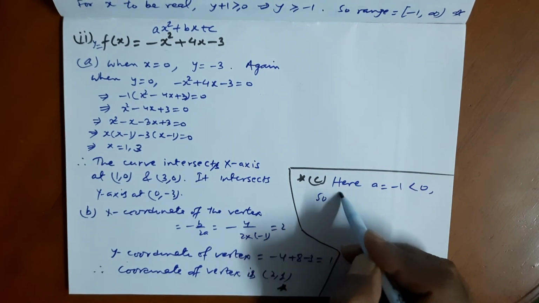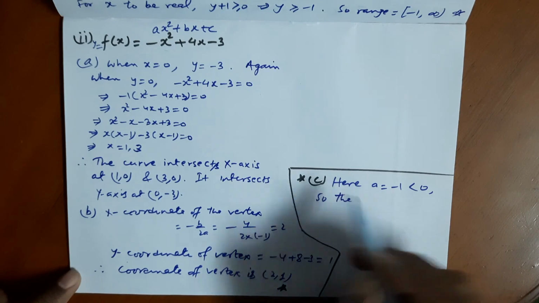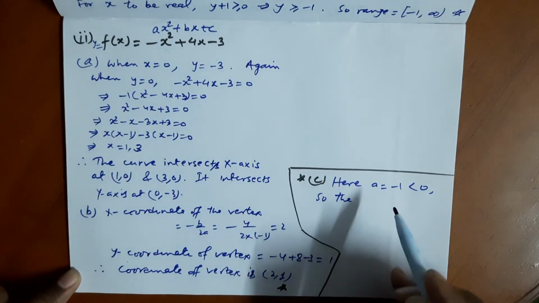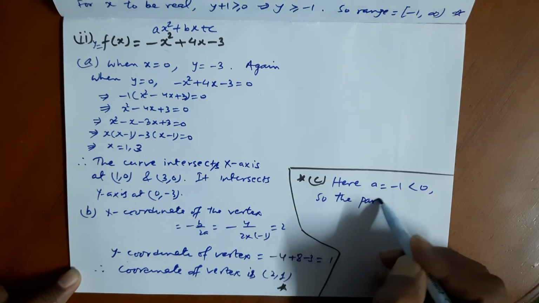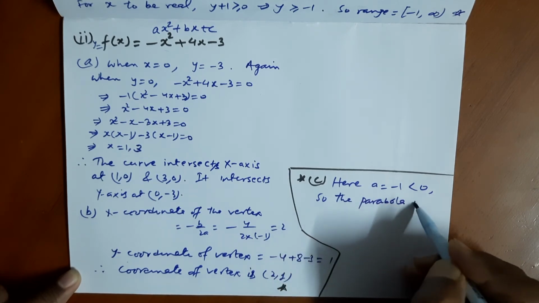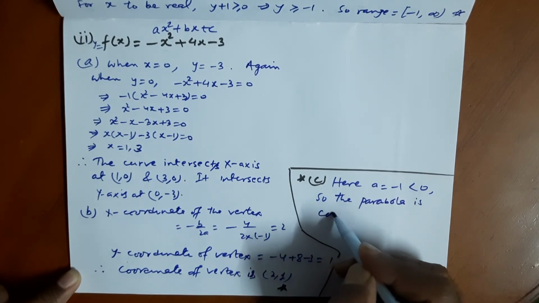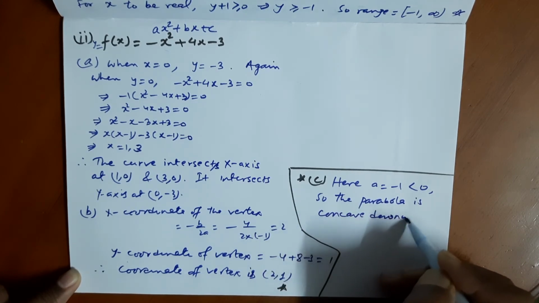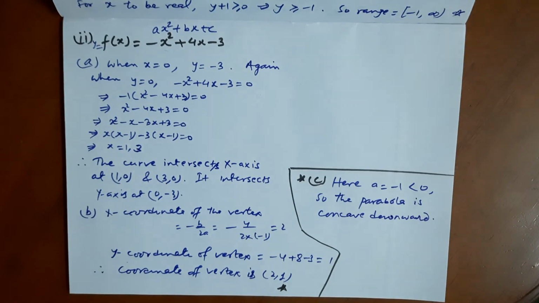So the parabola here, this is a quadratic equation, this represents a parabola. So the parabola is concave downward. Okay, here a equals to minus 1, which is lesser than 0, so the parabola is concave downward.